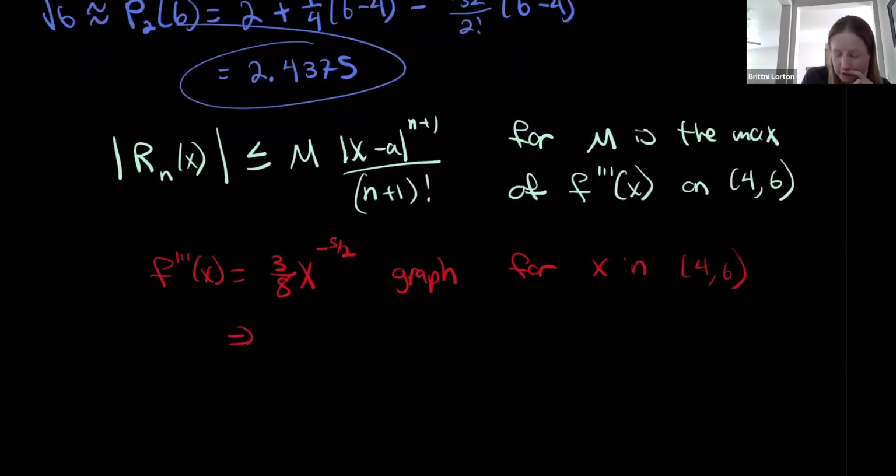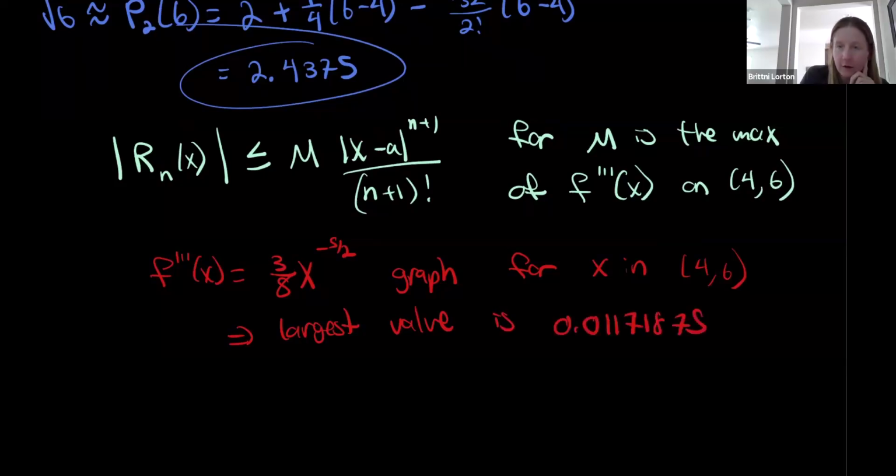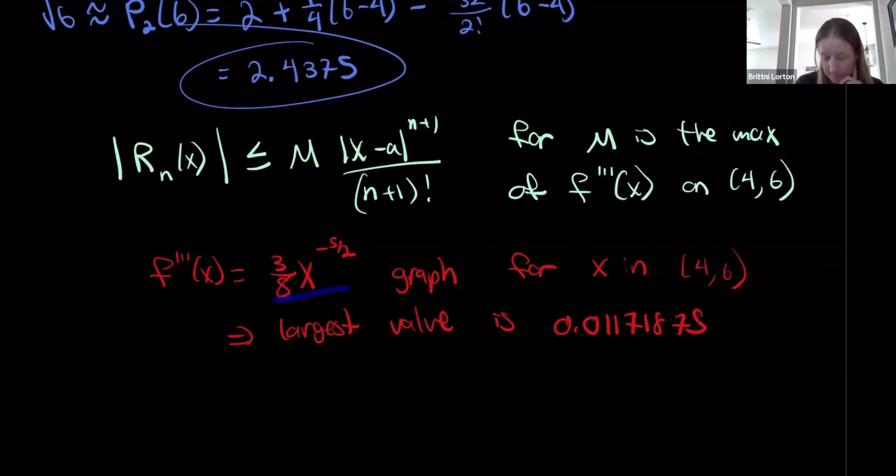You're going to see the largest value. The largest value that this function gets between 4 and 6 is 0.01171875. I just got that straight from Desmos. I just plugged that in and I got the maximum value. So there we go. There's my M.